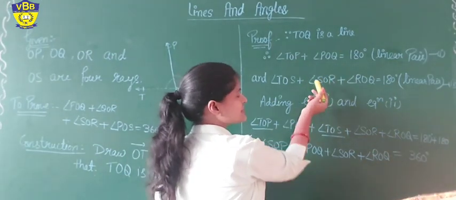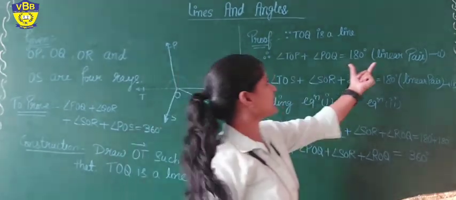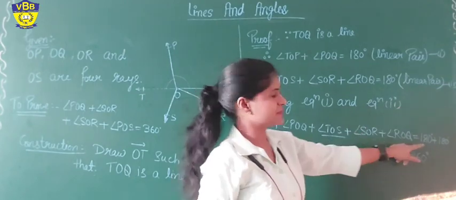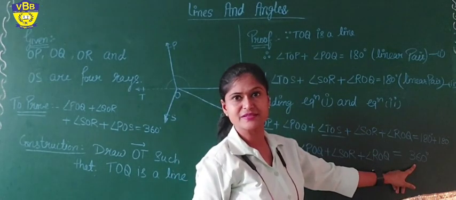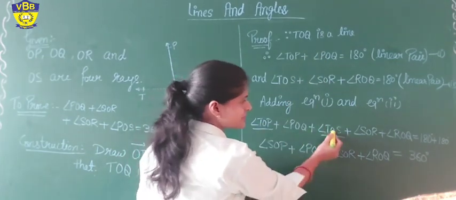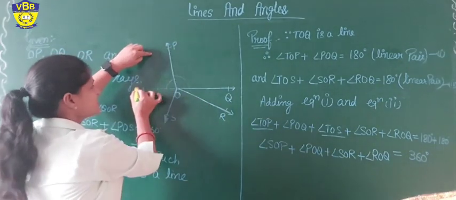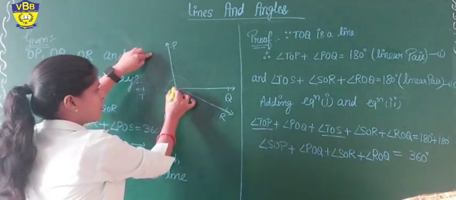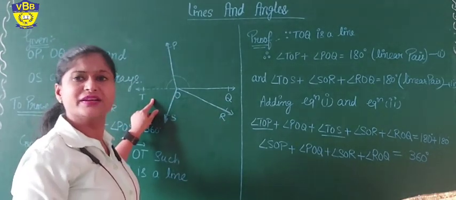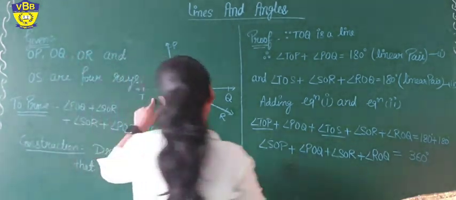Adding this and this, left side with left side and right side with right side, 180 plus 180 makes 360 degrees, and we are adding all the angles. Now tell me, TOP and TOS. T is not a given point; it is a virtual point which we are taking.